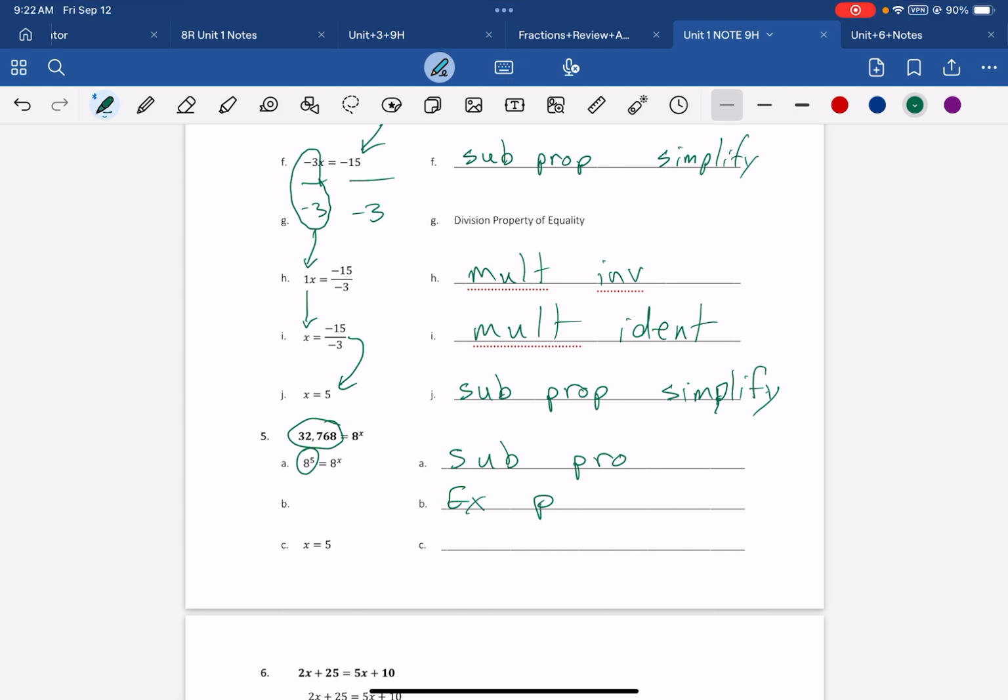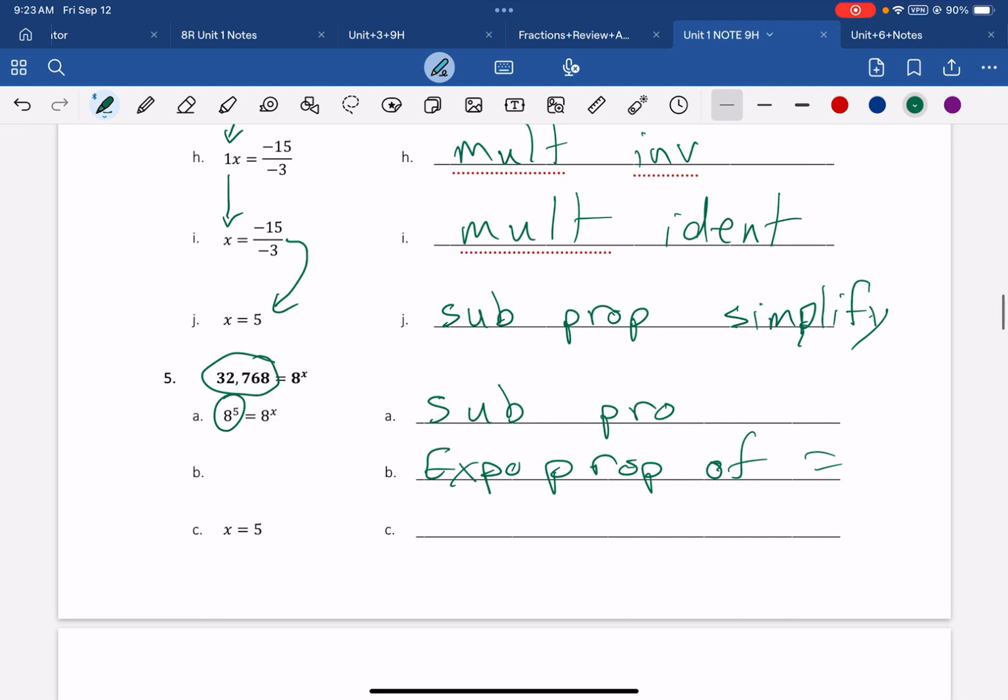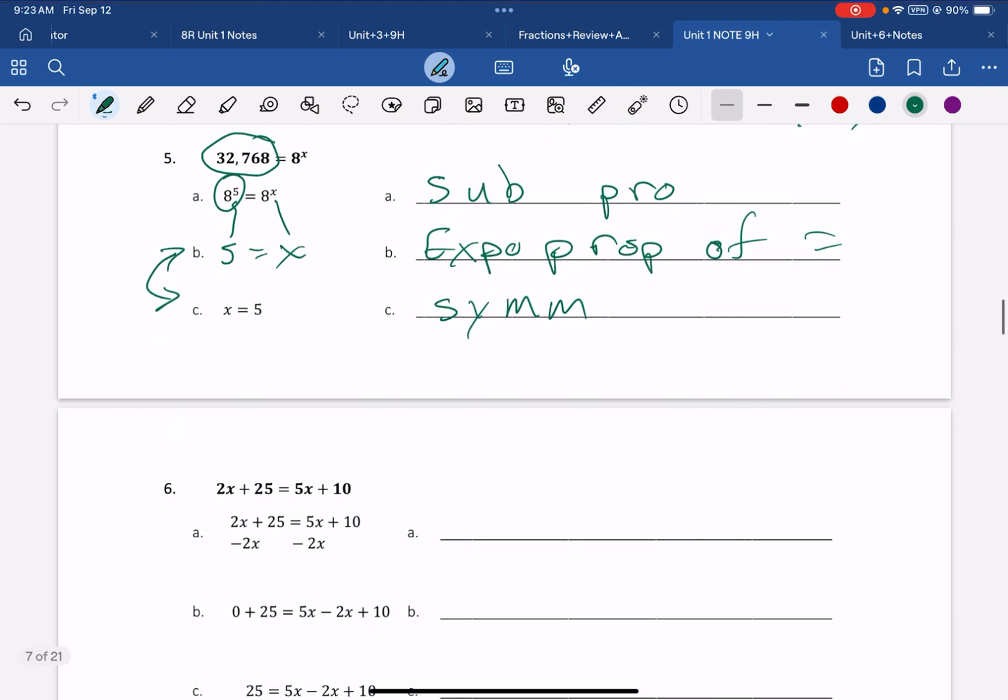When the exponents are equal, exponential property of equality. So you just move this 5 down and an equals and move the x down, and there you go. And the last one, when you swap it around, that is called the symmetric property. Property of symmetry. Symmetric property.